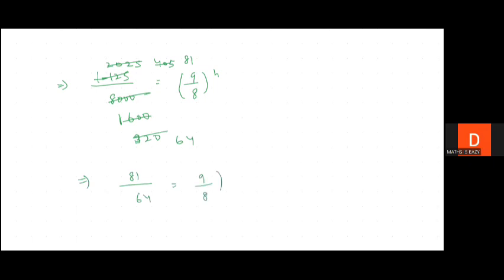In our next step, we will change 81 by 64 as (9 by 8) squared, so as to make the bases same. And 9 by 8 is already given raised to the power n.